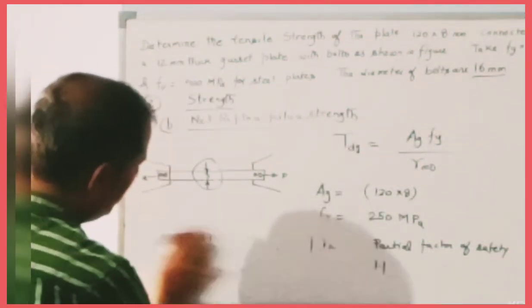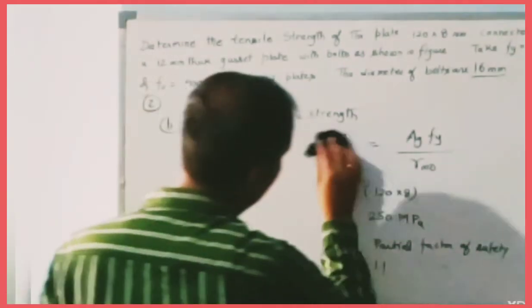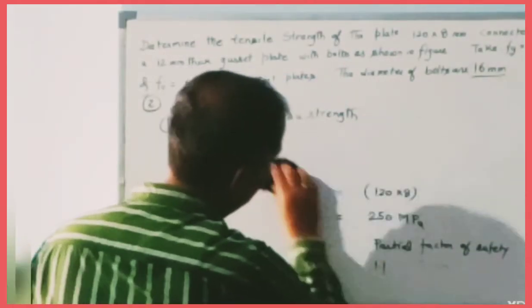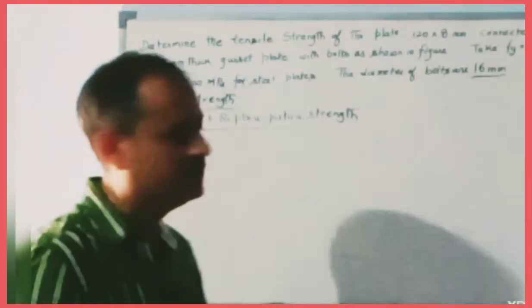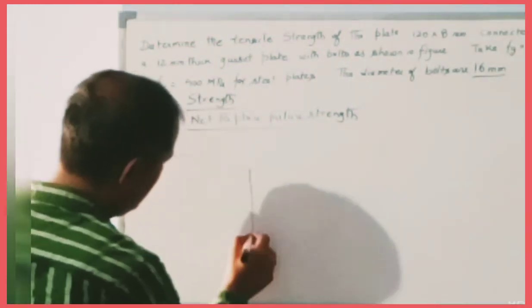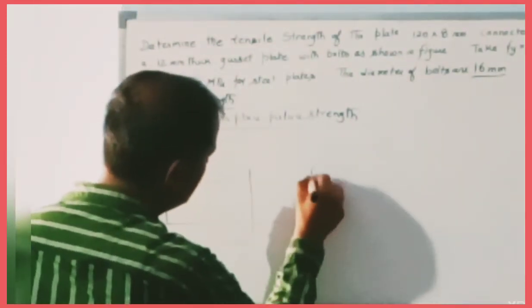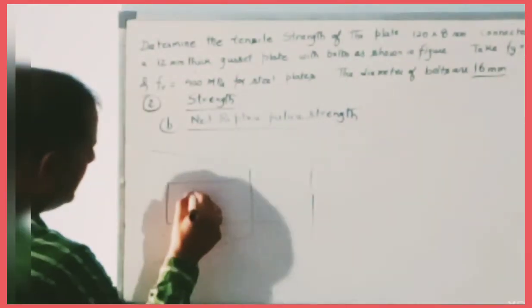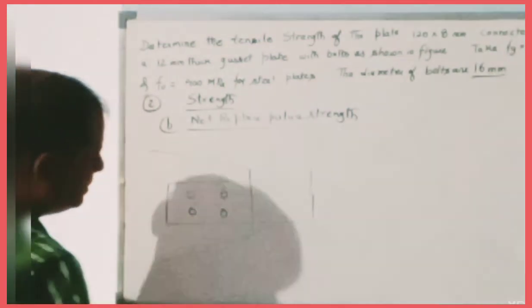You should remember, the gross failure can happen anywhere besides the connection, and net rupture failure will happen at the places of connections. At connections, we have a gusset plate and a tension member connected with the help of bolts like this.